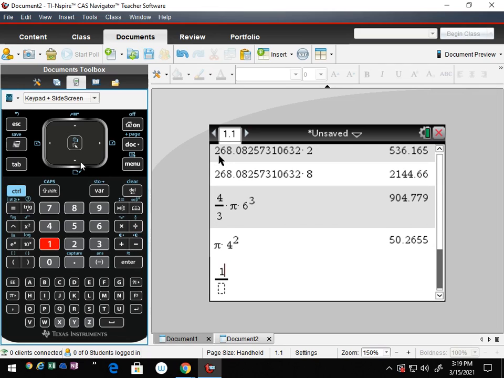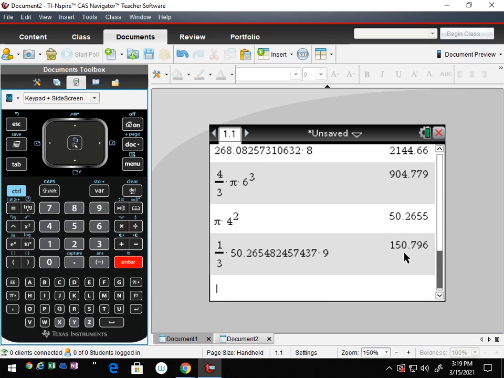Type in 1/3 times our area of the base, which was 50.2655. So we'll just hit up and press enter to get this whole entire decimal point. All right. We don't round until the very end. And we're going to multiply by our height, which is 9. And we get 150 point, when we round up, 8.